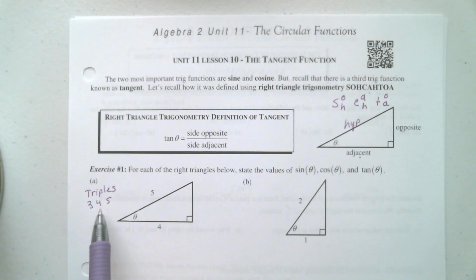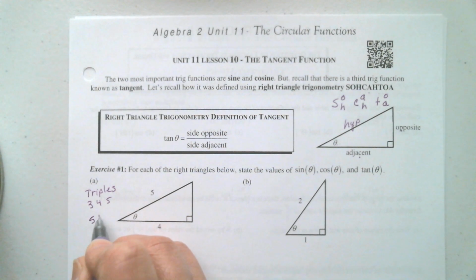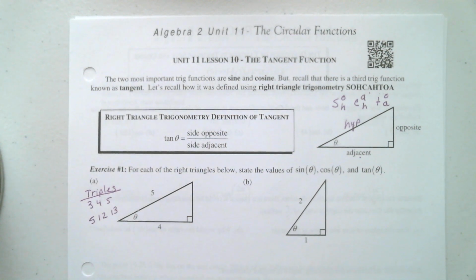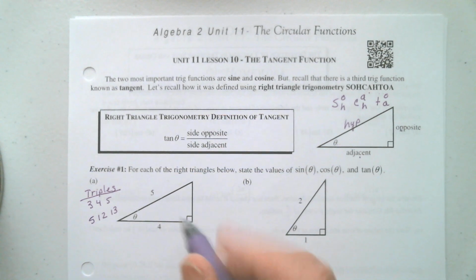Also 9, 12, 15. The other common Pythagorean triple is 5, 12, 13. So in this case, if a leg is 4 and the hypotenuse is 5, then the other leg is 3. This would have to be a 3, 4, 5 Pythagorean triple.